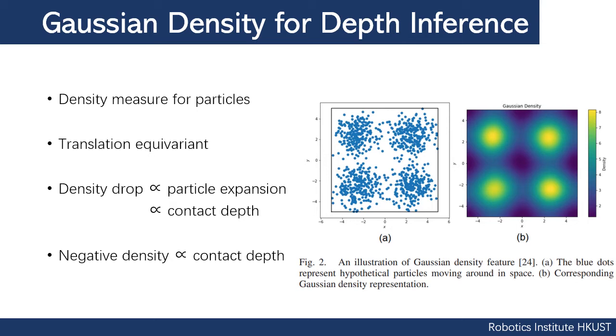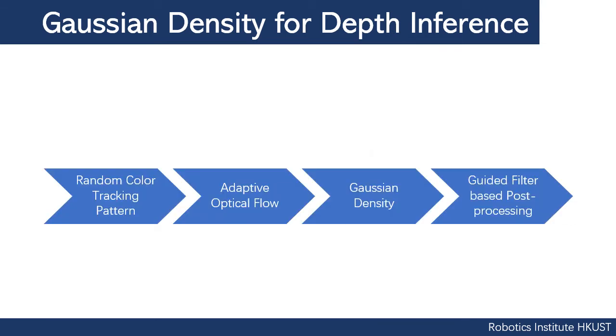Because we want a positive correlation, we take the negative of this density, so it is proportional to the contact depth. To sum up, our pipeline consists of these four parts: random color tracking pattern, adaptive optical flow, Gaussian density, and finally a guided filter for post-processing.